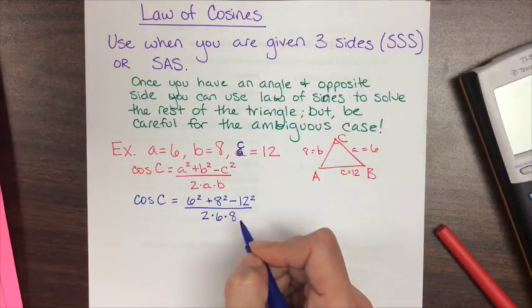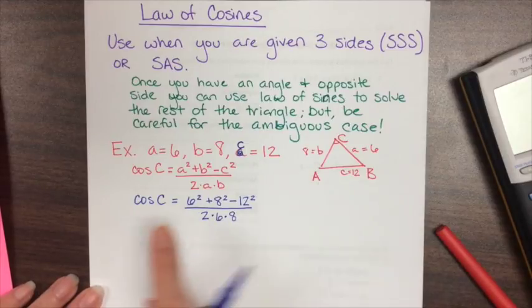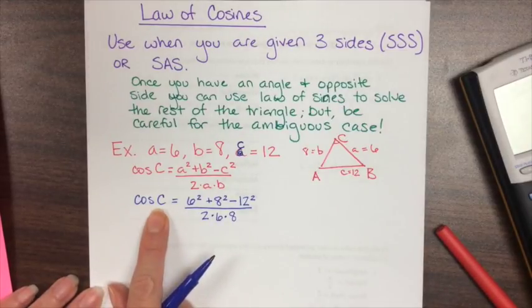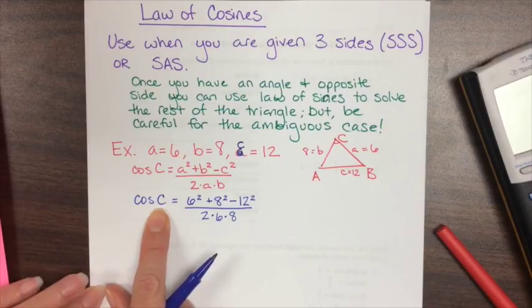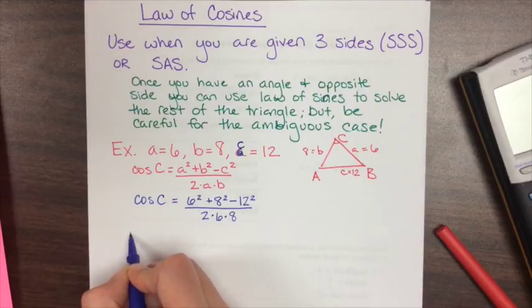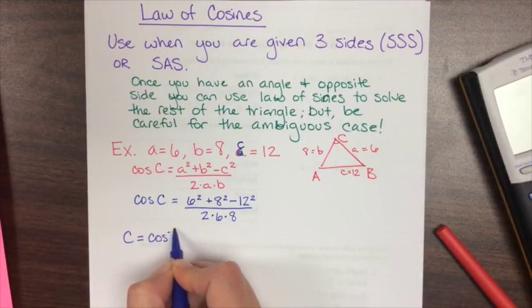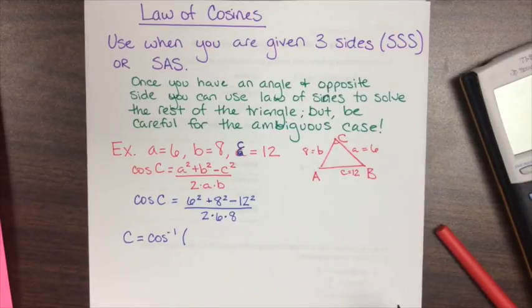Now when you plug this in your calculator, you're going to use the inverse of cosine to find angle C. Anytime we're looking for angles, we have to use the inverse of that trig function. So here's how it's going to look: cosine inverse of. When you plug this in your calculator, I recommend doing it all at one time. You just need to use parentheses correctly.